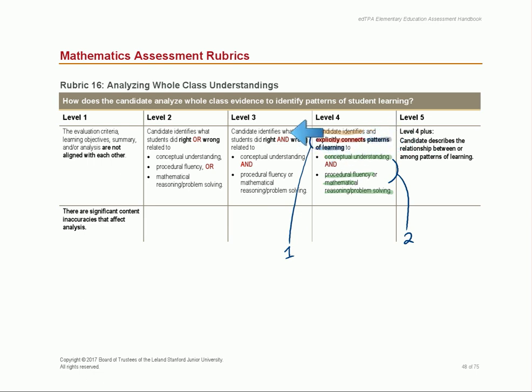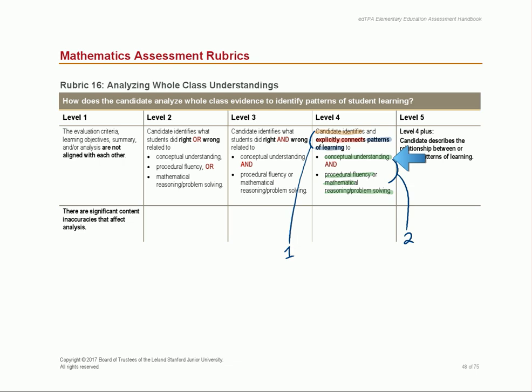So you can see the change already. The candidate identifies what students did right and wrong versus a focus on patterns of learning. Okay, so this is looking across class in ways and across the mathematics instead of just a binary 2-dimensional right and wrong focus.